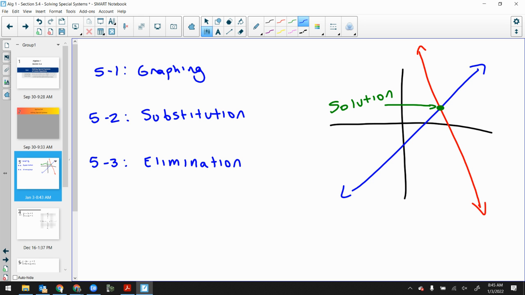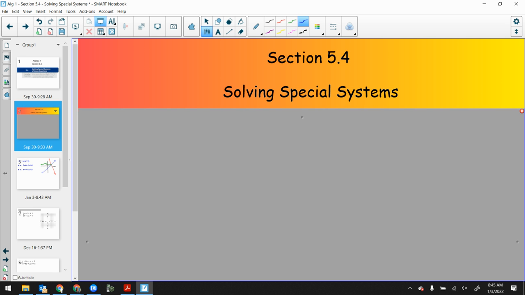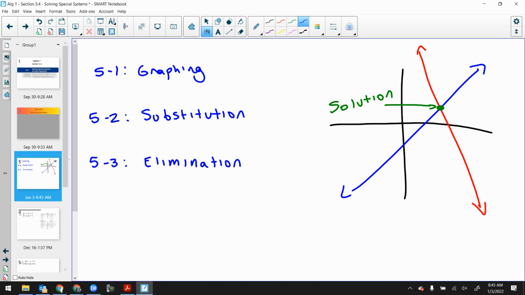We did sections 5.1 and 5.2 and 5.3. What we're going to talk about today is solving special kinds of systems. Because let me ask you this. The solution to a system is where the lines will cross. Do lines cross all the time? No. Are there examples of 2 lines that do not cross? Yeah, what are those lines called?